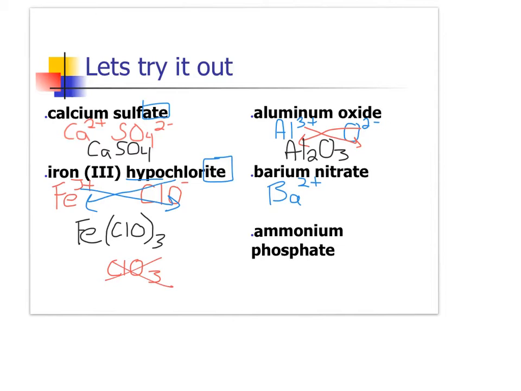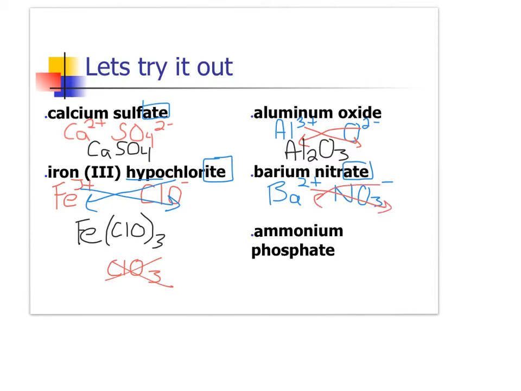Nitrate, I know it's a polyatomic ion because it ends in ATE. And therefore, I'd look on the back of my periodic table if I didn't have it memorized and look it up and find that it's NO3 with a negative 1 charge. Do my charges match up? No! So what do I do? I crisscross.